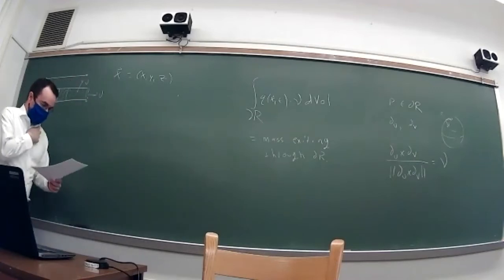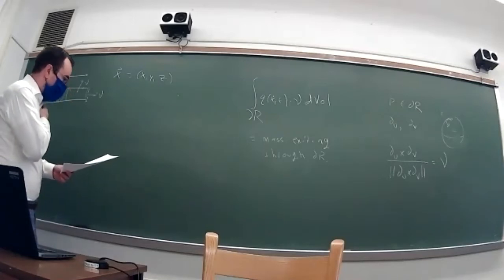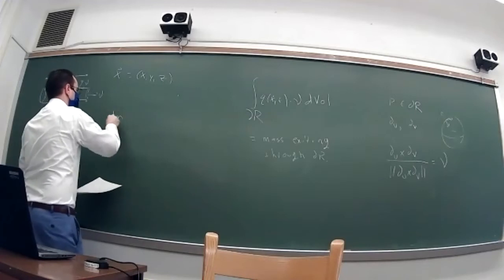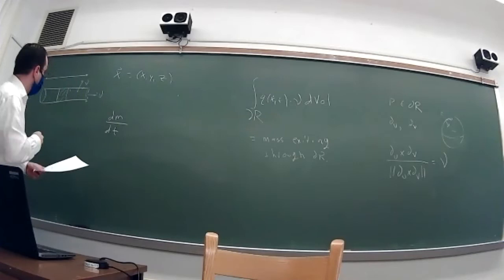So let's see what we've got. Let's write down our conservation equation. I want to say that the rate of change of the mass. So first of all, what's the mass?